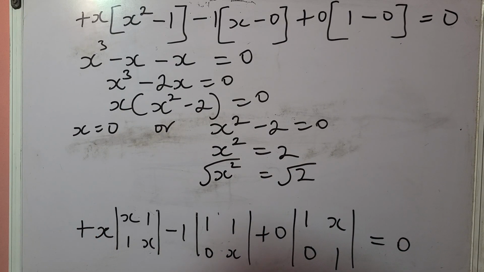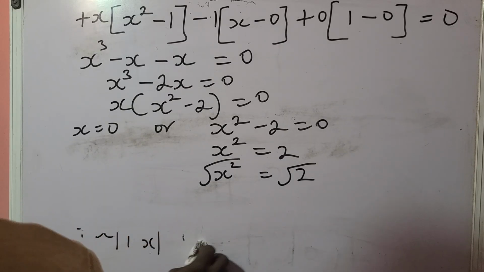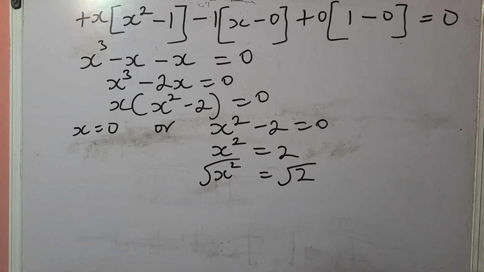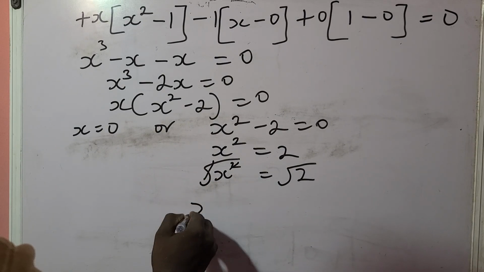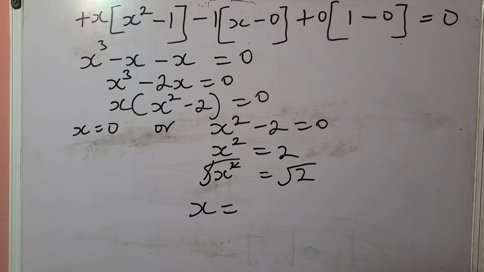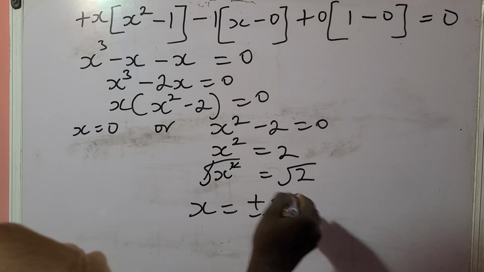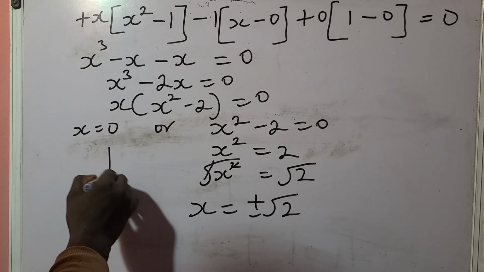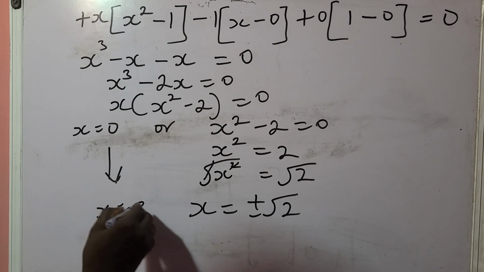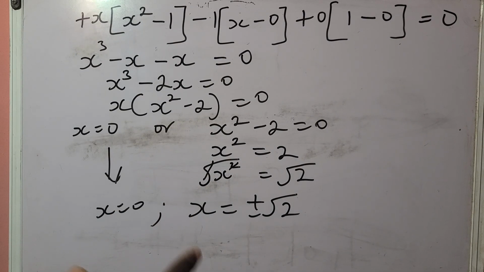Now, obviously, we can easily conclude that the square will cancel this other square. Then we'll be left with x equals to plus or minus root 2. Now, we have our x equals to 0, and then our x equals to plus or minus root 2.